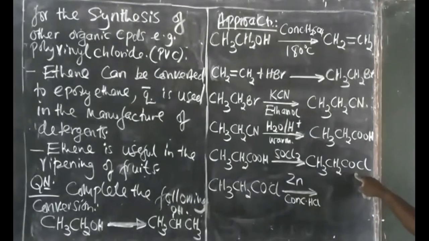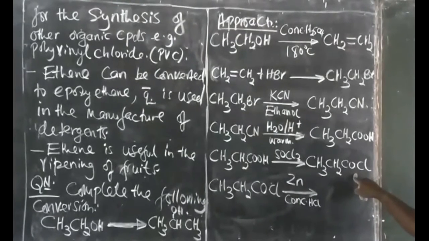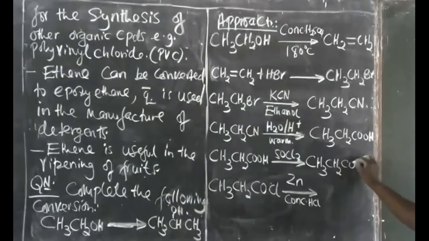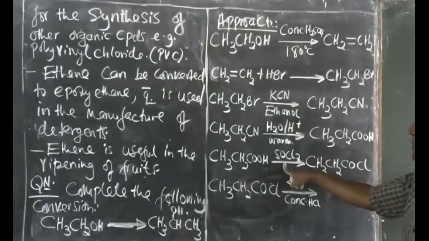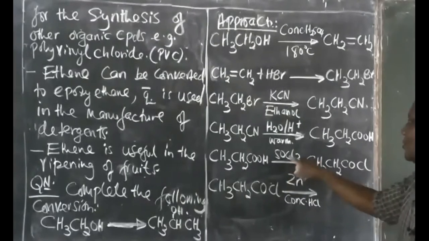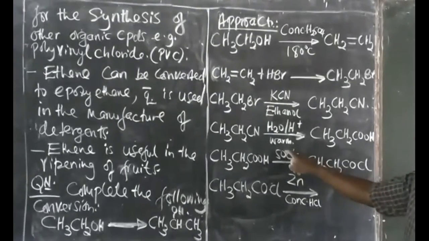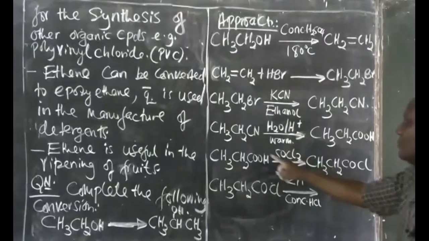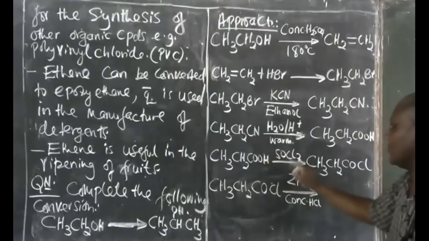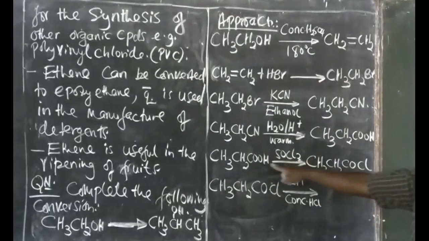This is propanoic acid, and under it CH3CH2COCl, propanoyl chloride. And the one on the arrow? Thionyl chloride, SOCl2. You are now removing what? OH. You are replacing it with what? One chloride atom.